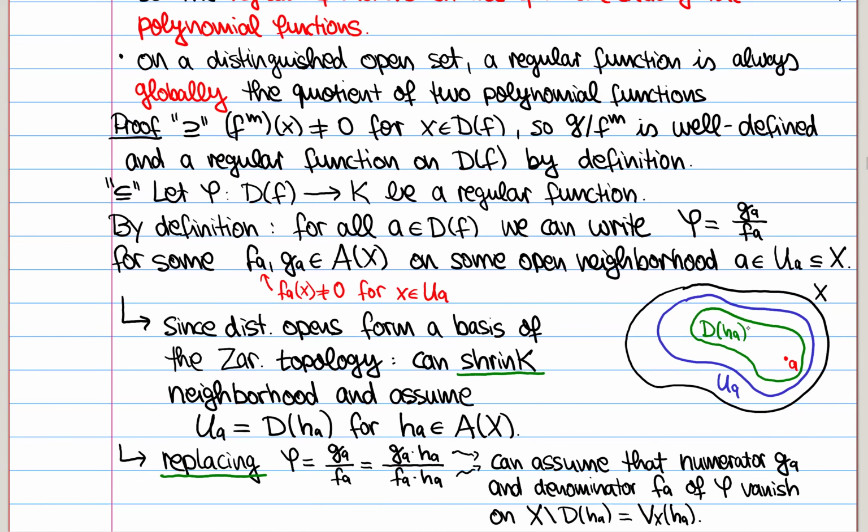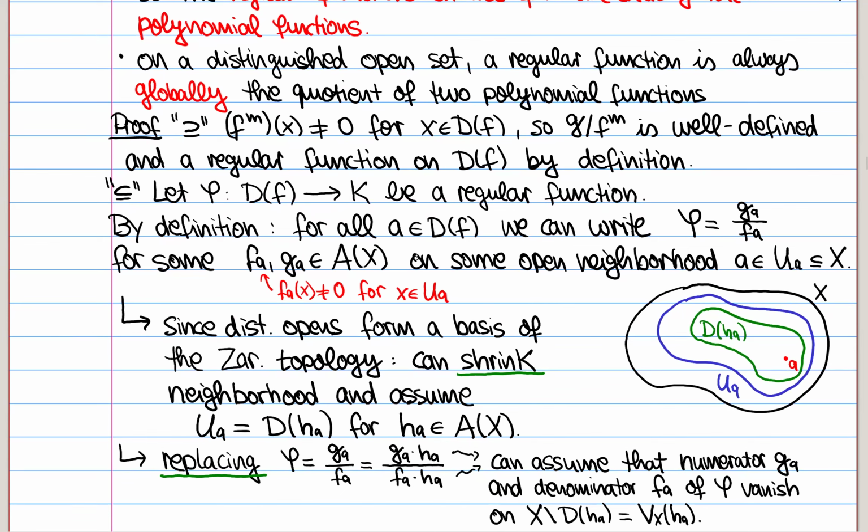First of all, this U_a is a priori just any open subset in X containing a, which has this property here. But we have seen that the distinguished opens form a basis of the Zariski topology. So in other words, around this point, we do find some basic open, which we call D(h_a), which is contained in the U_a.